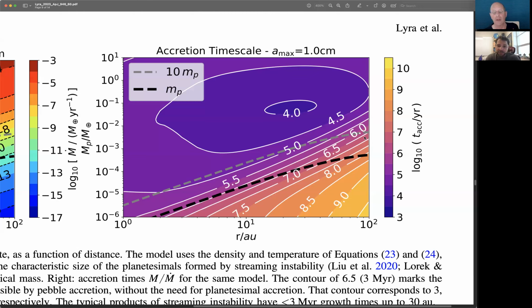You can push it up to like 20 AU if you say that the accretion timescale is 6.5, so 3 million years. And if you use the gray line, the most massive planetesimal formed, then you can push the million-year timescale up to even 40.